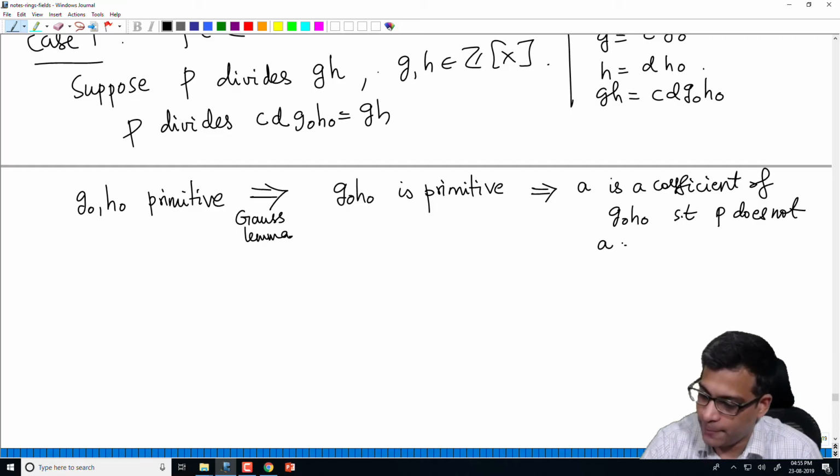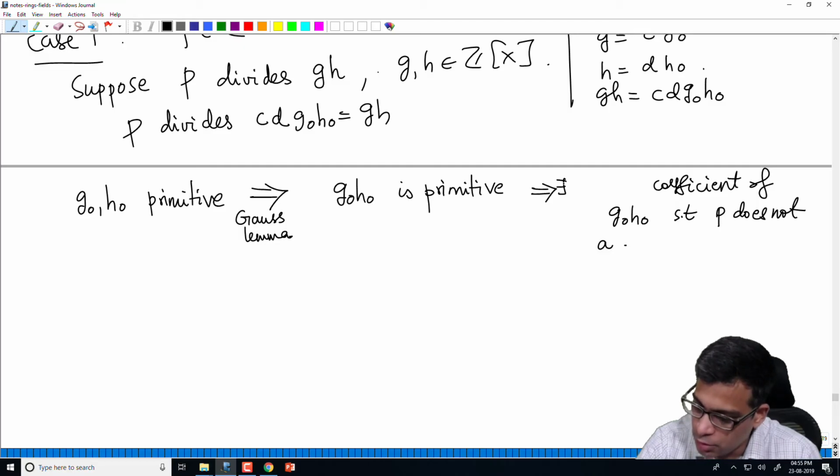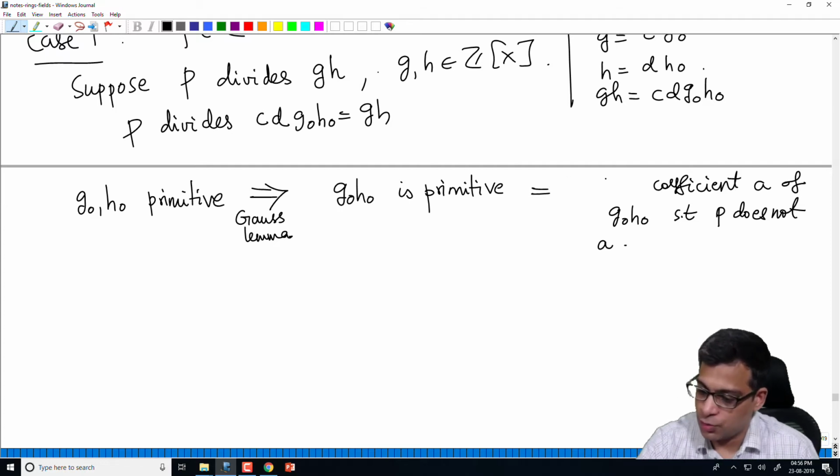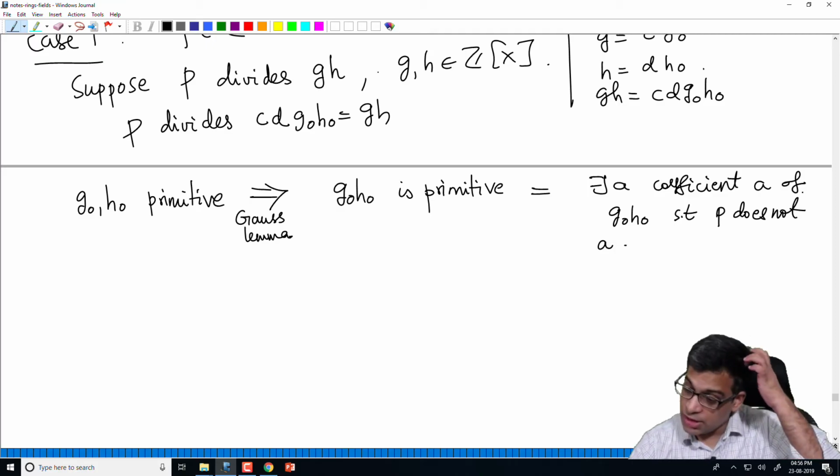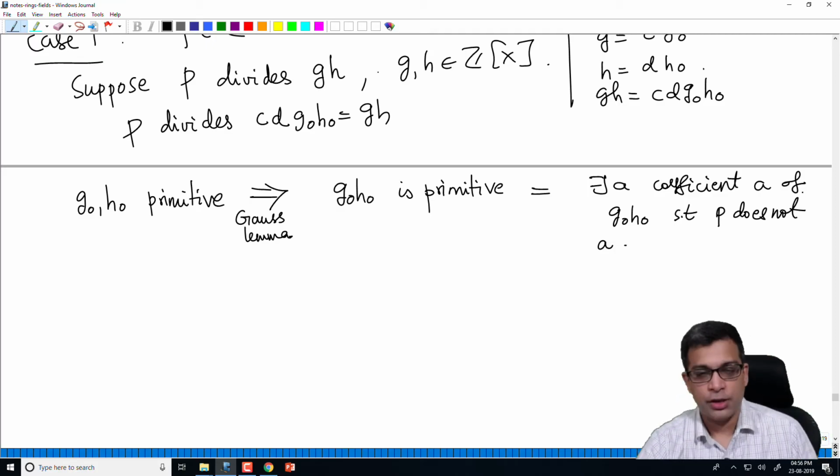So let us say there exists a coefficient a of g0 h0 such that p does not divide a. Think of g0 h0 as a polynomial, something times x^n plus something times x^(n-1) and so on.